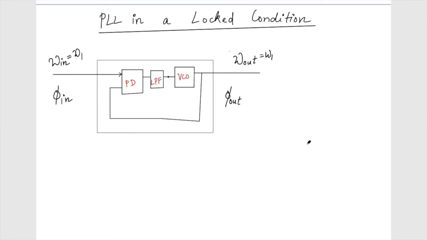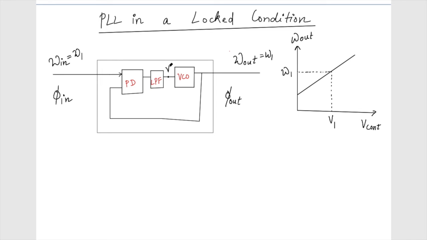Let's analyze what is happening in the lock condition. If you replot the characteristics of the VCO, it is something like this. I have my control voltage, V cont, and this is my omega out, and we have these characteristics. Currently our PLL is locked, and the output frequency omega out is equal to omega 1, and the corresponding voltage, let's call it V1.